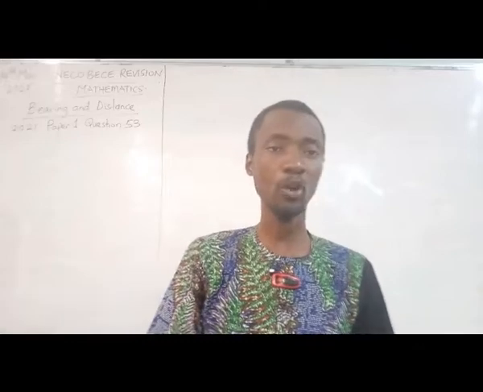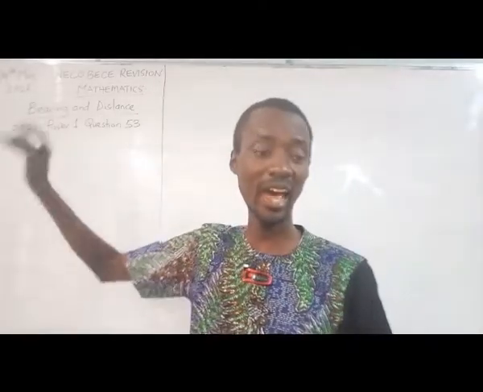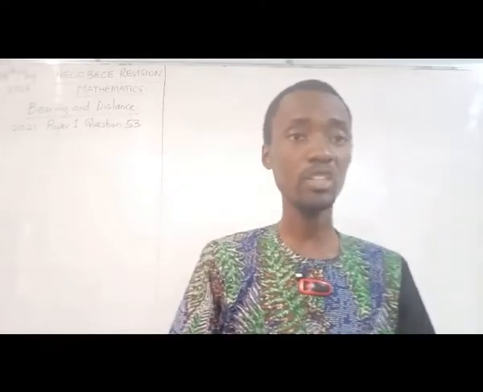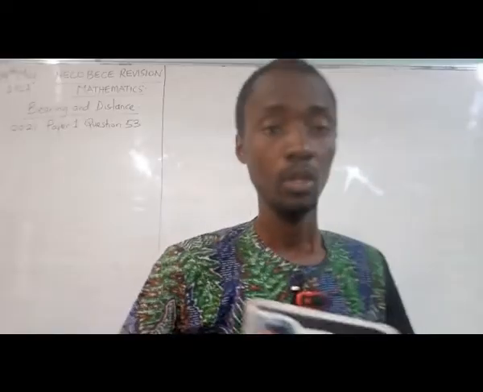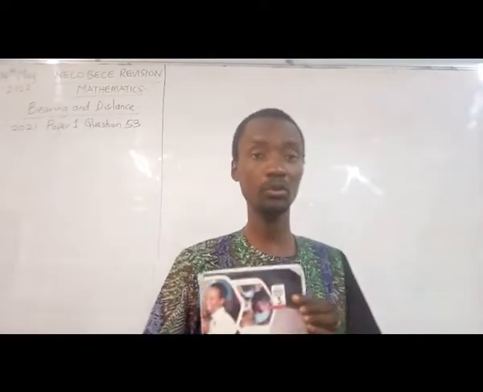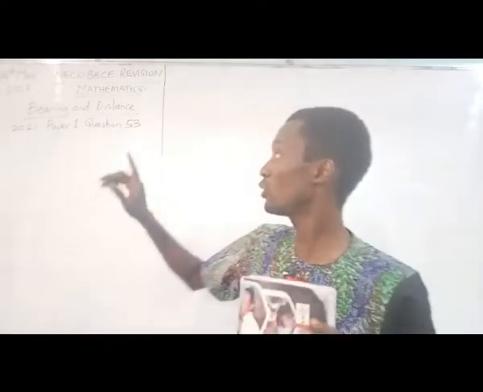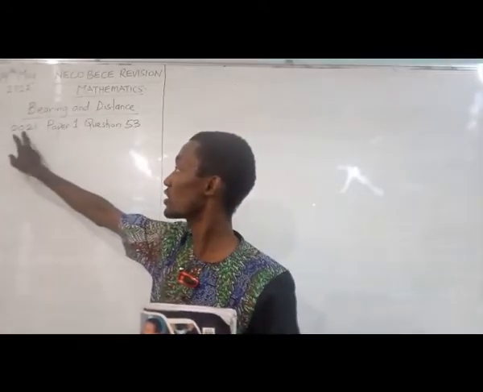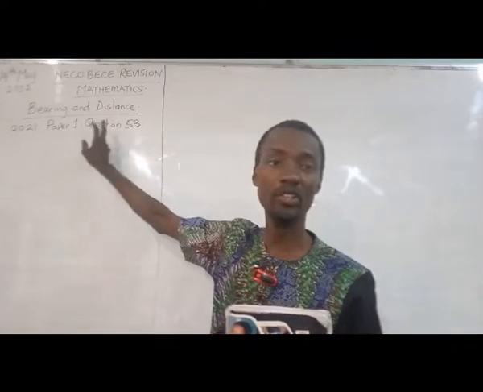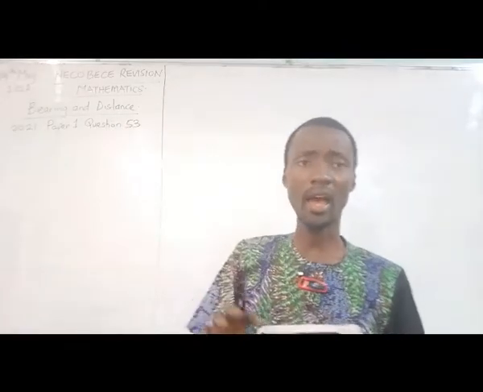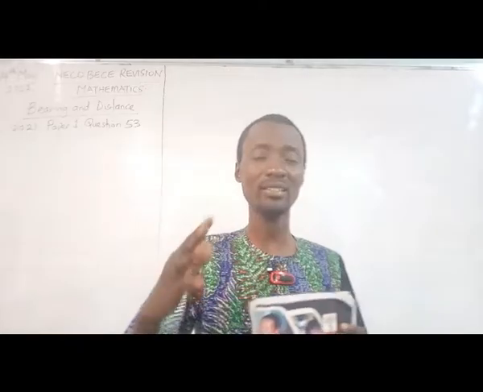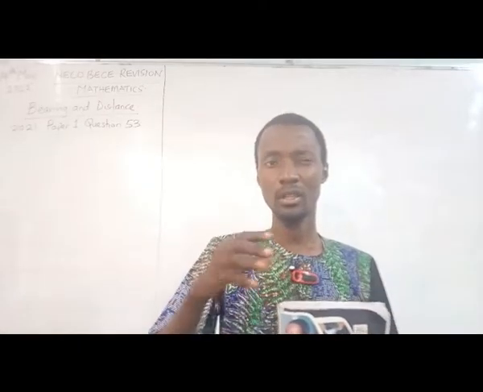So you may want to pick up your NECO BECE, the Laswell textbook. You want to pick up your Laswell textbook, the latest edition for this exercise. So we are currently looking at 2021 paper 1, question 53. And it's important to understand how the exam is arranged.